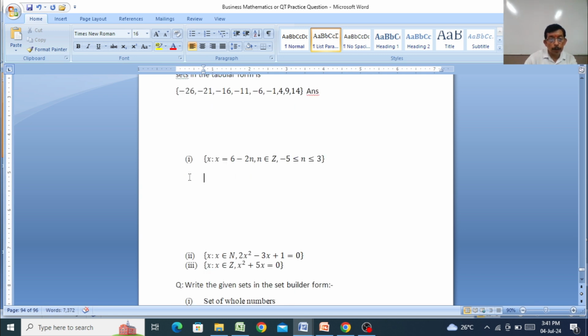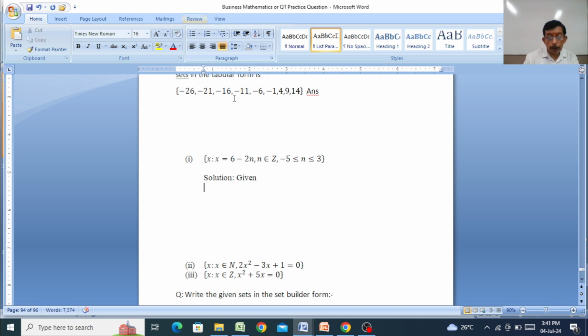Given x is equal to 6 minus 2n. Put the value of n.